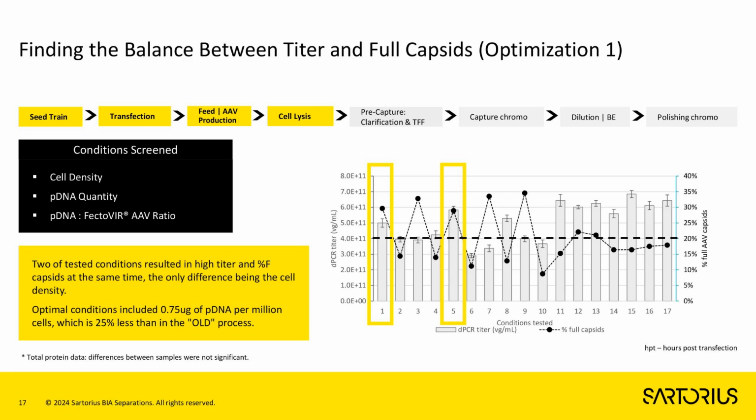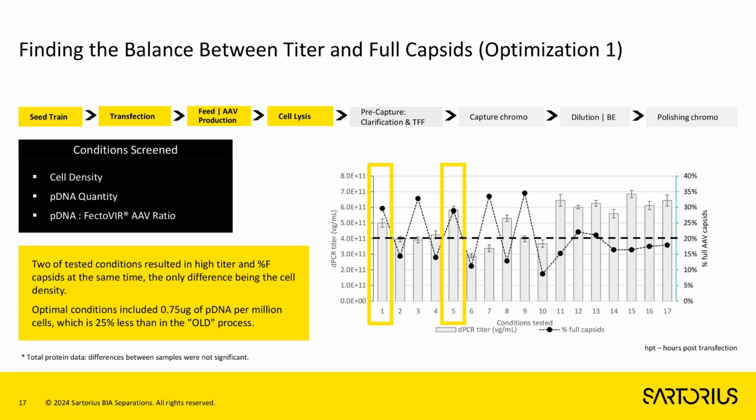And as you can see on the graph on the right side, in most cases, we observed either higher titers combined with lower percent of full, or vice versa, higher percent of full with lower titers, meaning that we would have to choose between the two.